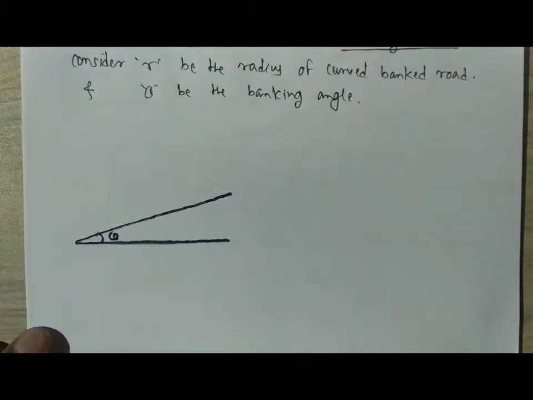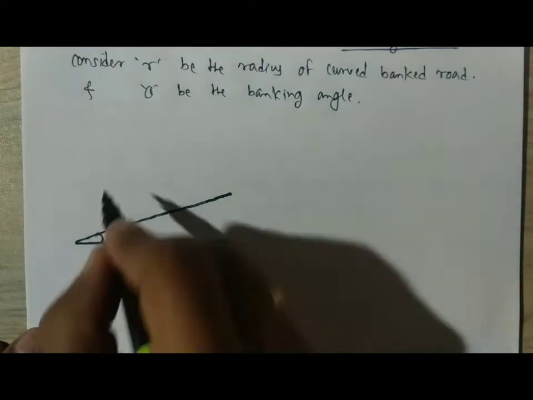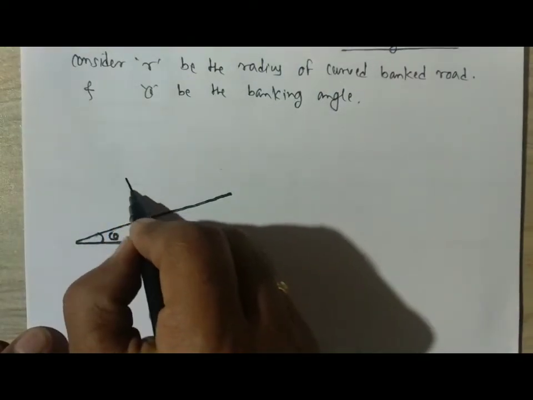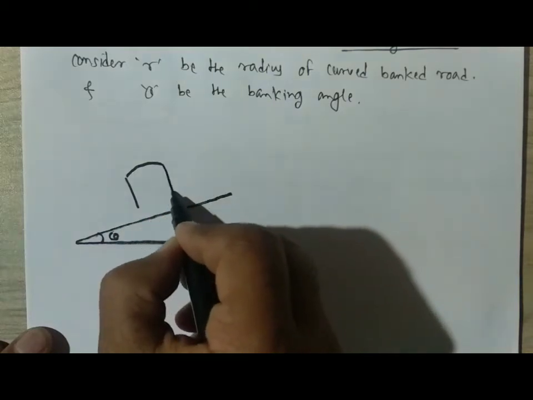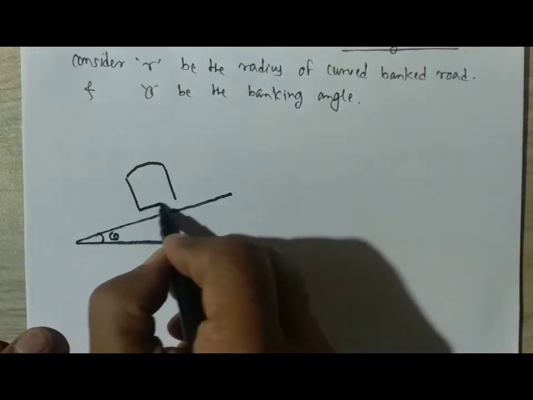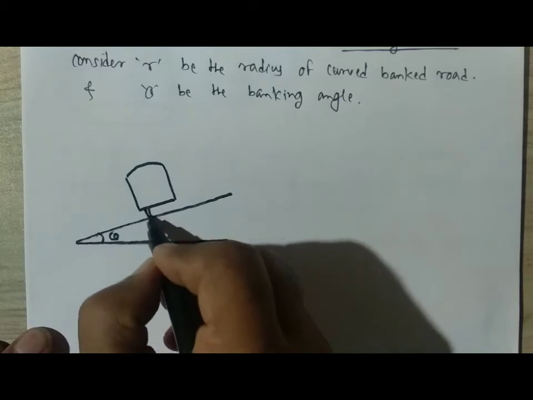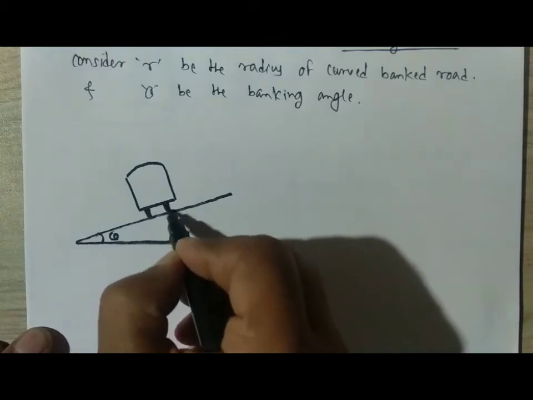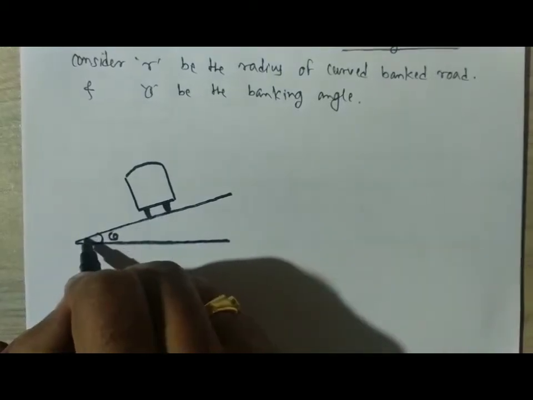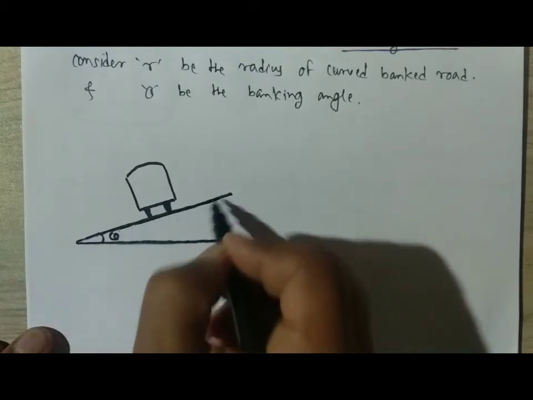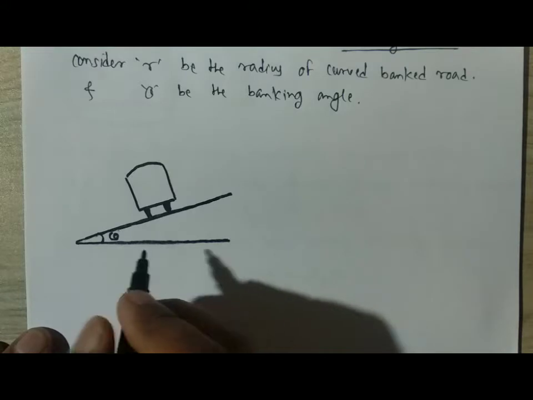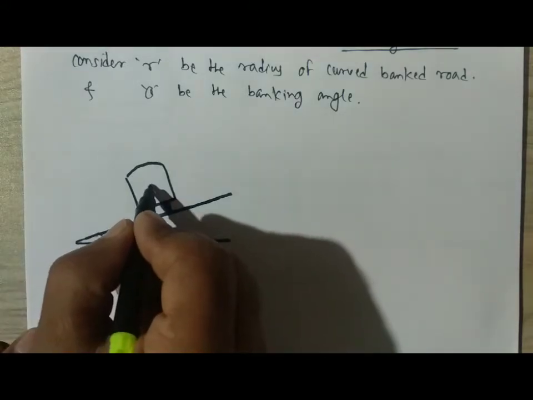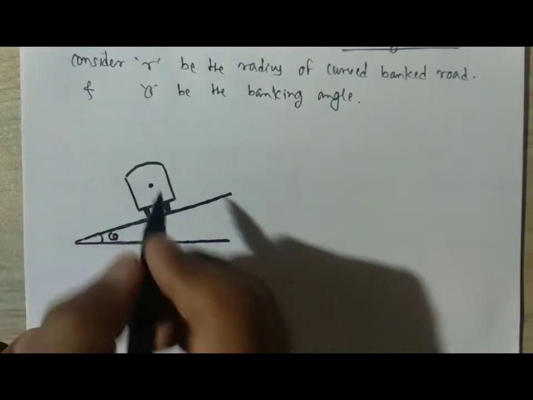Theta is the angle of banking, and our vehicle is moving in this way. Our tires are attached to that inclined surface of the road, which is tilted with angle theta with the horizontal. Now this is the center of mass of the vehicle.